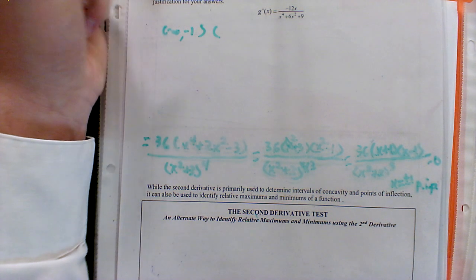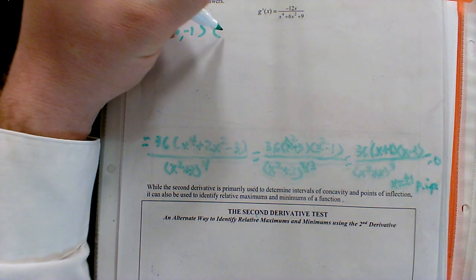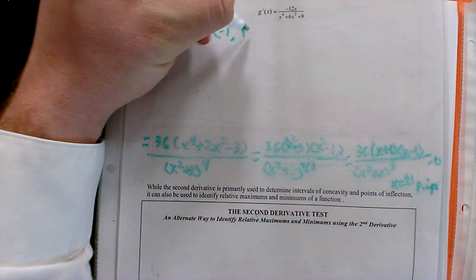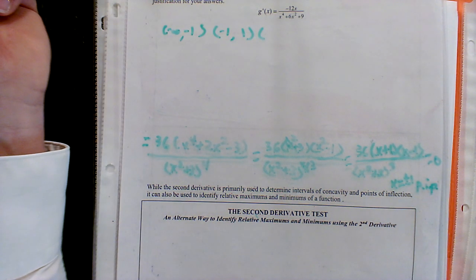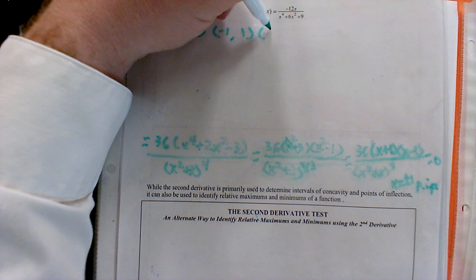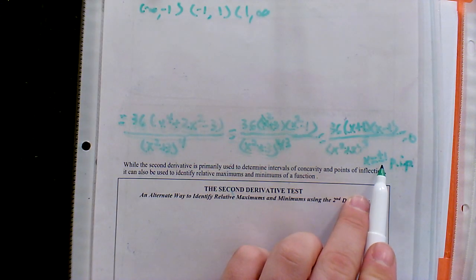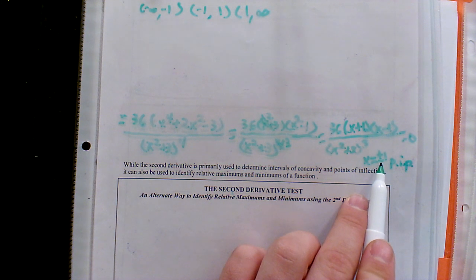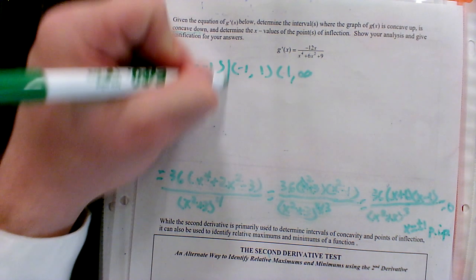The next one's going to start where? Exactly, very good. And next? Very good. Those are the three intervals we're dealing with, and those came from the possible inflection points we found down here. Plus or minus 1. That's why we're using the negative 1 and the positive 1 in our intervals.